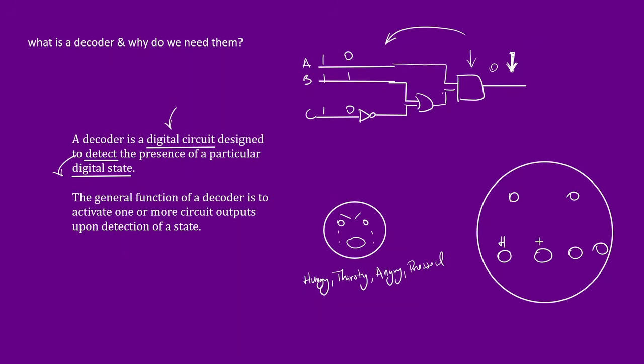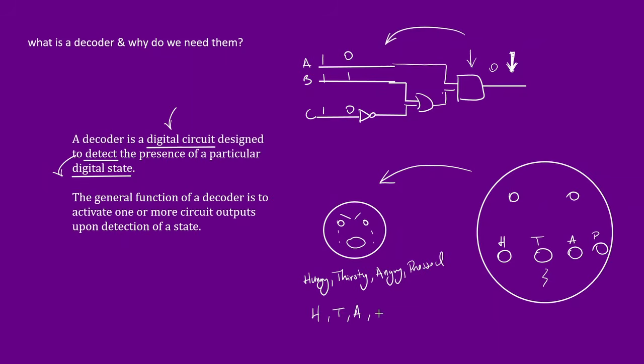We'll label this mouth H, mouth T, mouth A, and mouth P. So now when our baby with 4 mouths cries with mouth T, we're able to tell, oh, my baby is thirsty. Whereas for the case where we had only one output line, we're only able to see our baby crying and not really know the particular situation behind that.